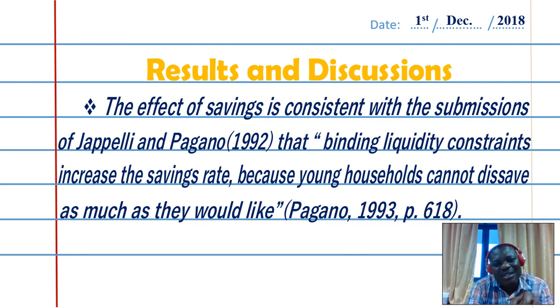What it means is that if you do not have easy access to liquidity in terms of loans, credit cards, etc., then you are constrained, and as a result, you are motivated to save. You cannot do without saving, because if you don't save, you cannot spend at a future date. If you don't save, you cannot invest at a future date. So, constraint to liquidity becomes motivation for savings.